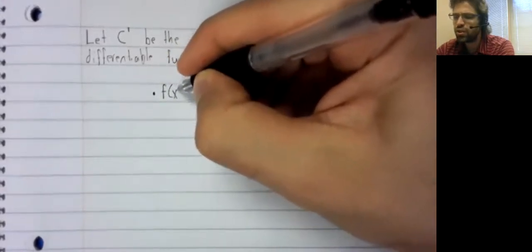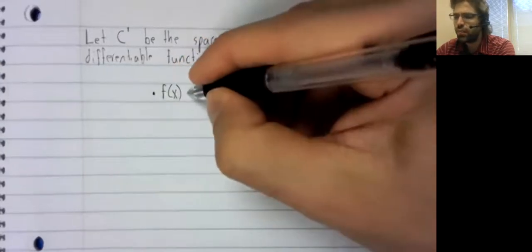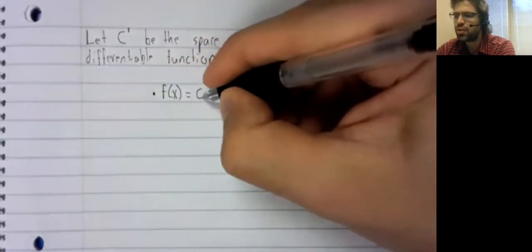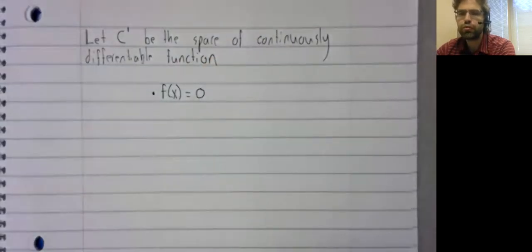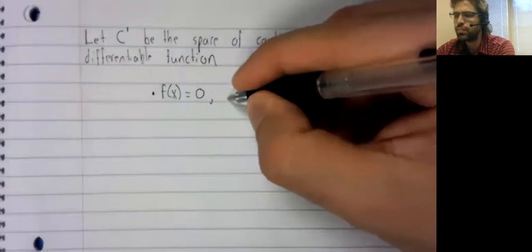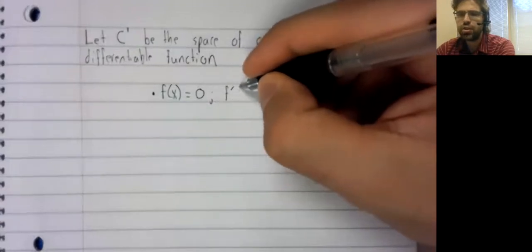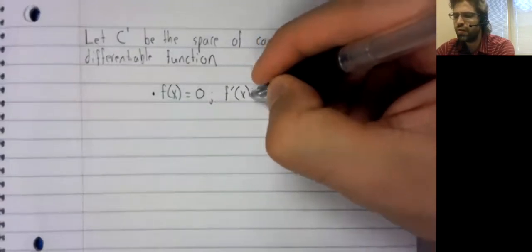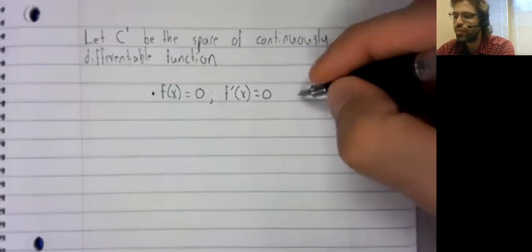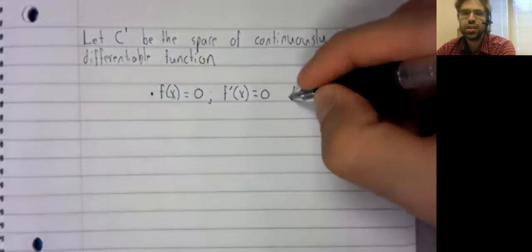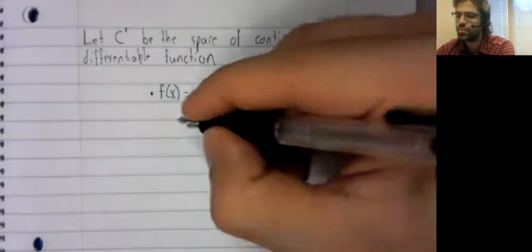The constant function f of x equals 0 is differentiable, and the derivative, which is itself, is continuous.